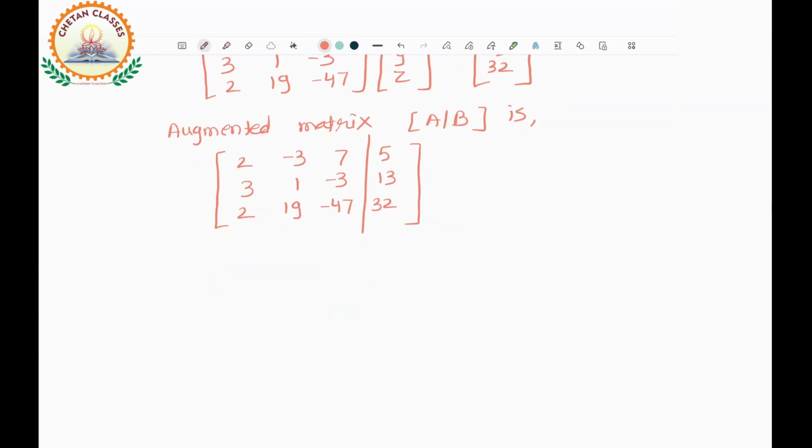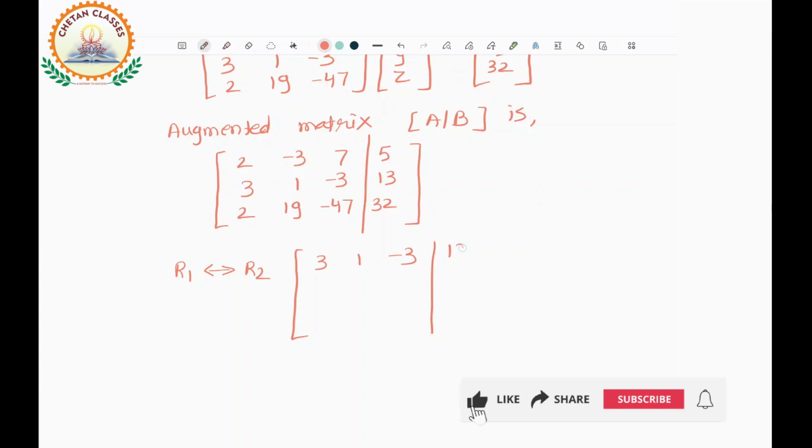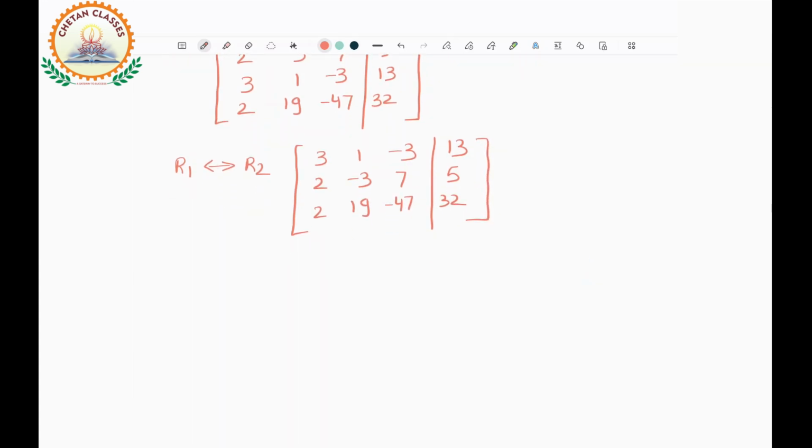Now reduce this augmented matrix to echelon form. So R1 interchange with R2. So [3 1 -3 | 13; 2 -3 7 | 5; 2 19 -47 | 32]. Now R1 tends to R1 - R2.